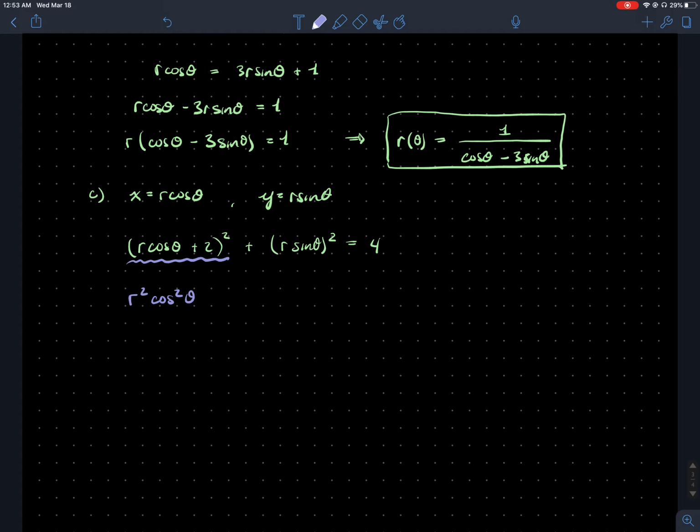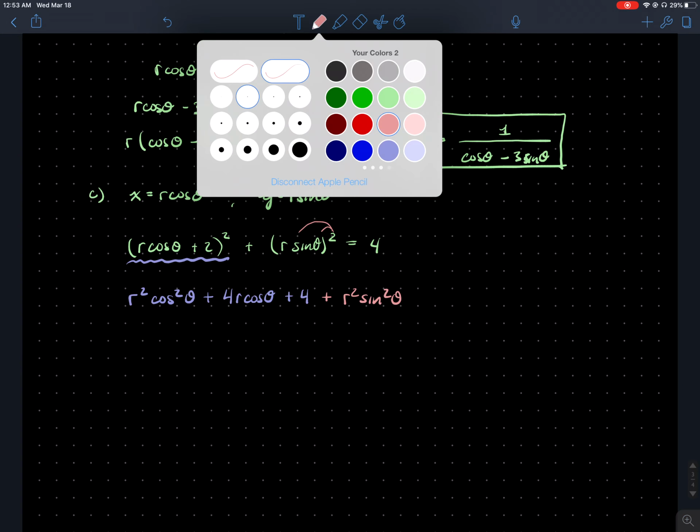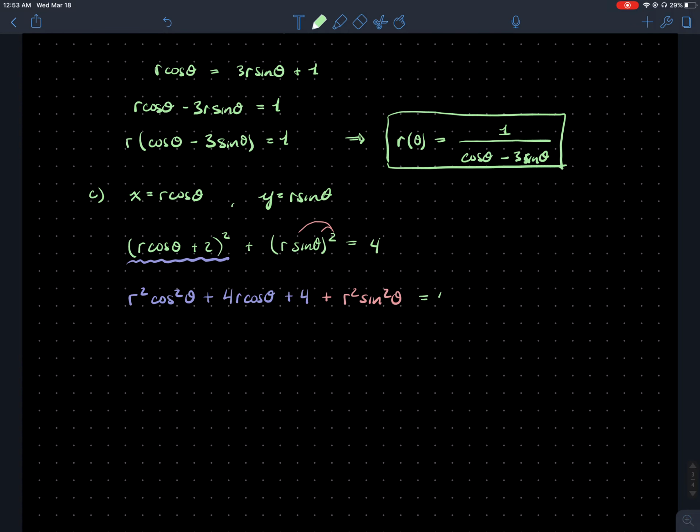Then when we take r cosine of theta times 2, we'll get a 2r cosine of theta, and then we'll get another one of those, so that we'll end up with 4r cosine of theta, and then when we take 2 times 2, we get a 4. Then when we distribute through this squared to each term, we get r squared sine squared of theta, and this is all equal to 4.